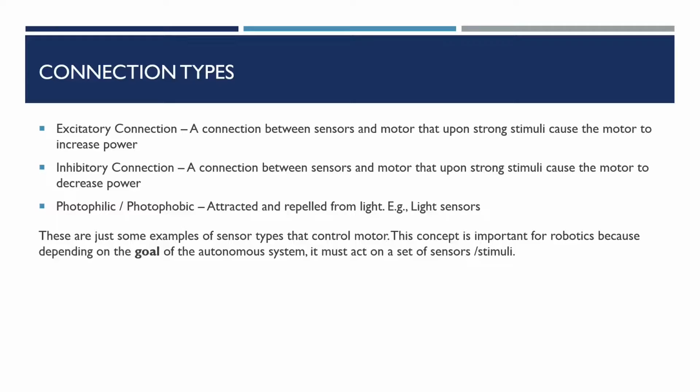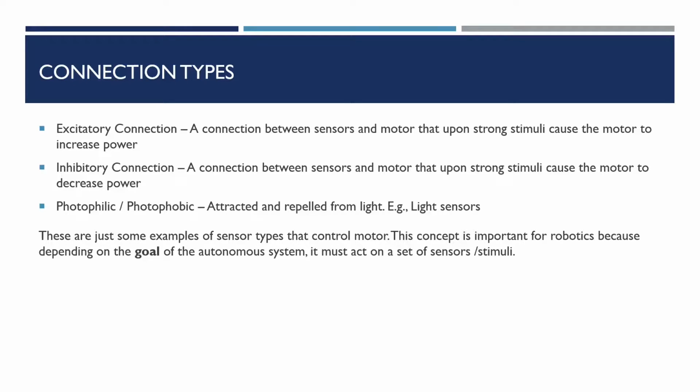So, connection types. There is excitatory connection. This is a connection between sensors and a motor that, upon strong stimuli, causes the motor to increase power. There is inhibitory connection, which basically does the opposite: it decreases power when there is strong stimuli. And there is photophilic and photophobic, basically light sensors.